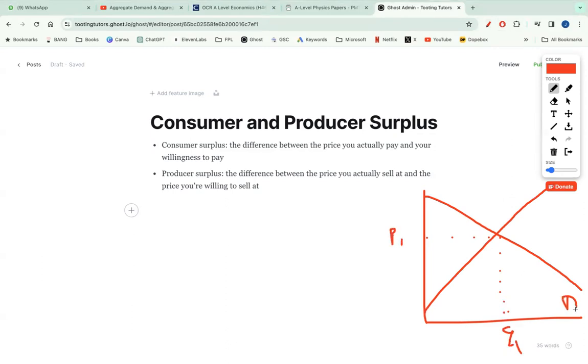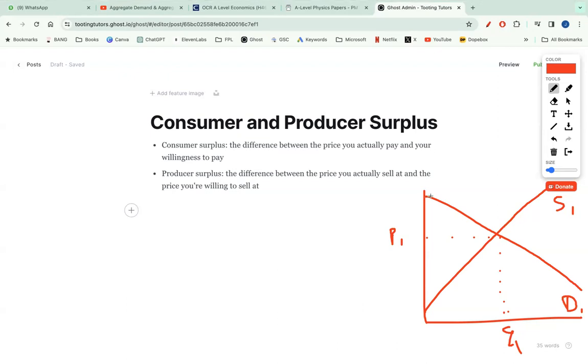So that's my demand curve, that's my supply curve. Now, everybody pays P1, right? But the demand curve is showing the quantity that people are willing and able to buy at each price.